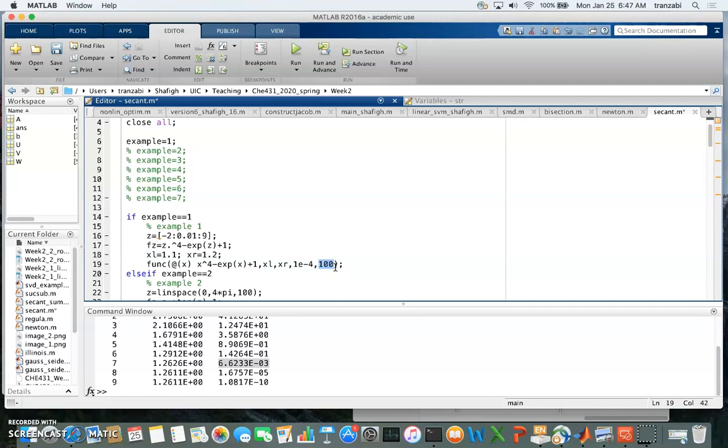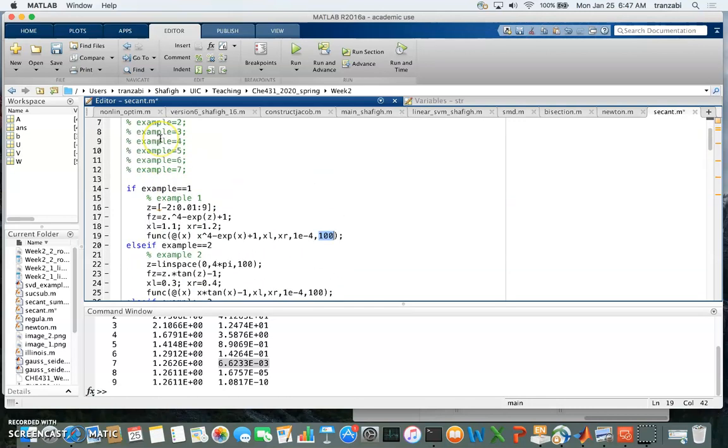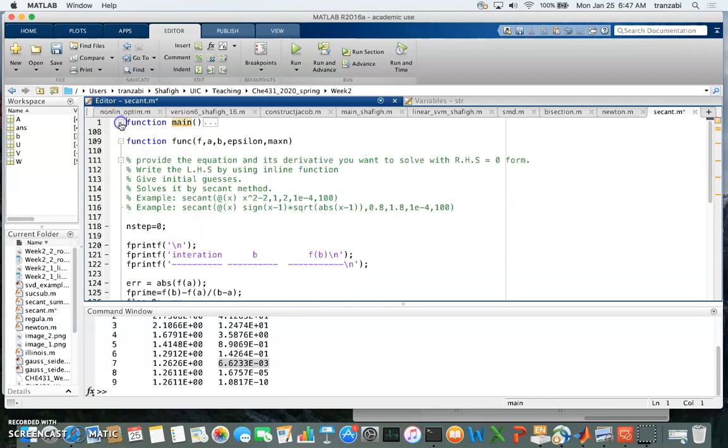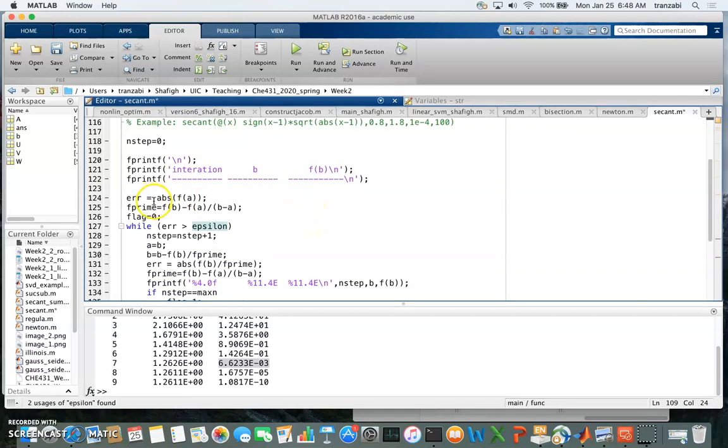Okay, so after we call the func, we have to go to the func function. So here's the func, similar to Newton's method. We get the function definition f, we get the a, the initial guess, the left guess, right guess, threshold, maximum number of iterations. We print out the headers, and then we find the slope, or f prime.